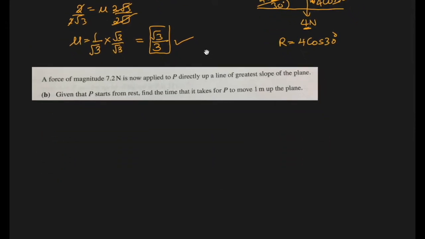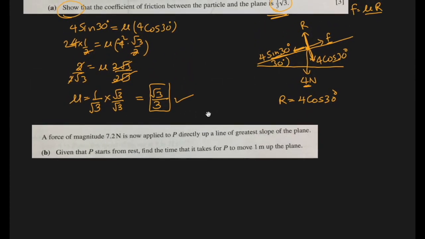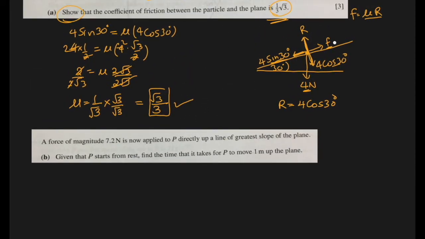A magnitude of 7.2 Newton is now applied to P directly up the line of greatest slope. So let me go back to this, and the diagram will change now, so I'll have to redraw this, because friction joins the weaker force.